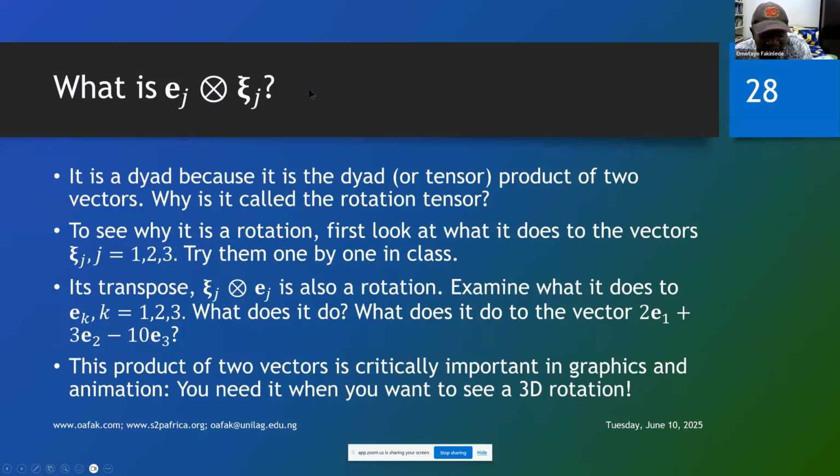You want to operate it on Xi1, on Xi2, on Xi3, one after the other, and see what the answer is. This is the question here: see what it does to the vectors Xi1, Xi2, and Xi3.